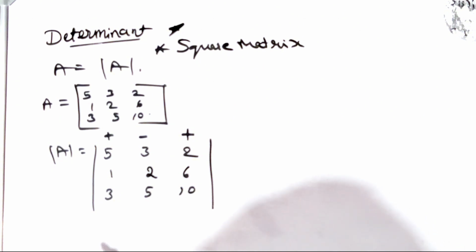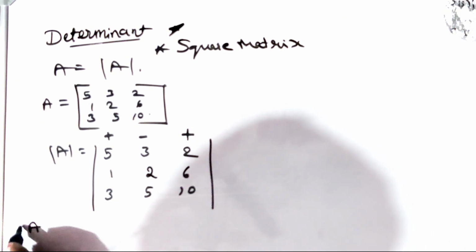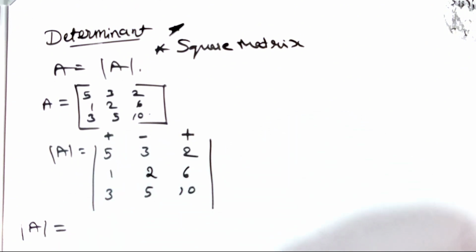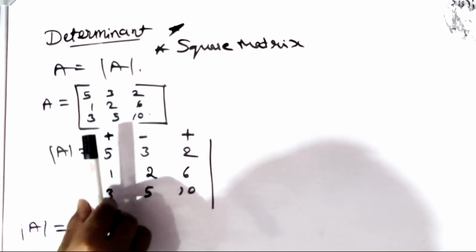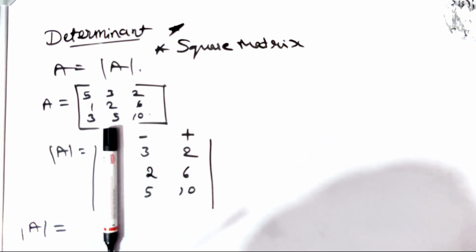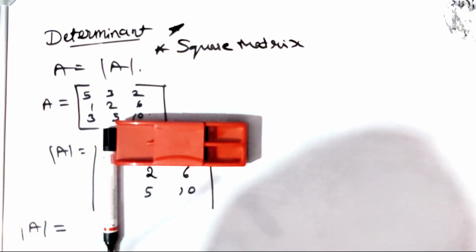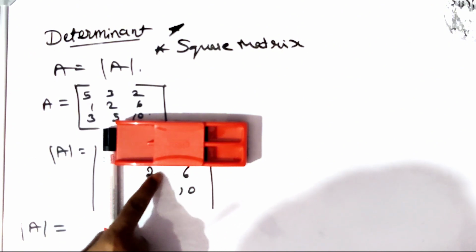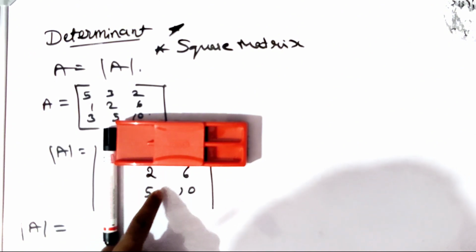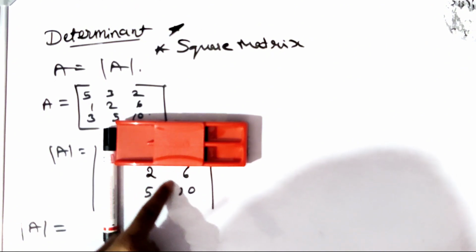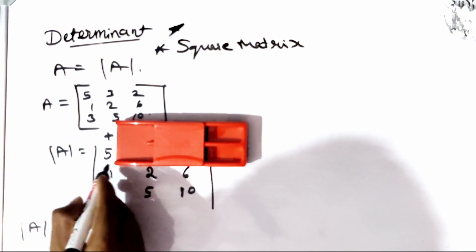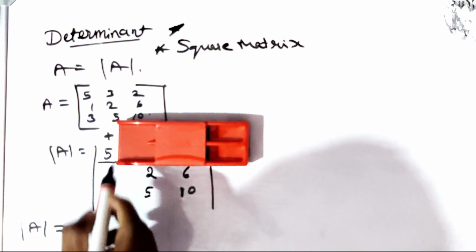First we choose this element and hide its row and column. Then we take 2 cross 6, 5 cross 10, multiplied by the element 5.